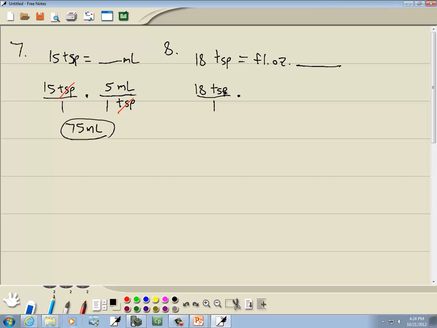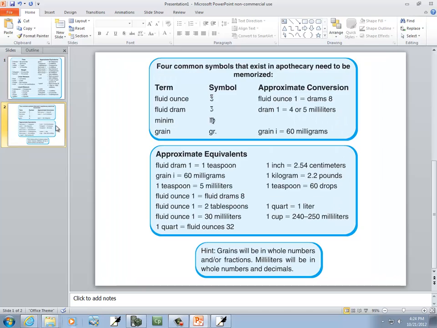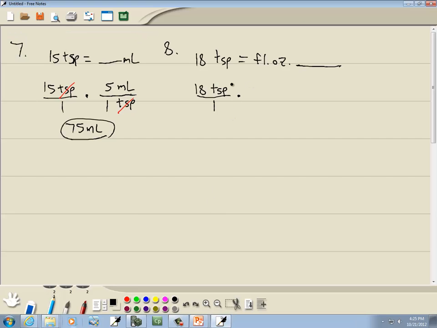Okay, so I'm trying to find some kind of tie between teaspoons and fluid ounces. Okay, fluid ounces to tablespoons, and I know I can tie tablespoons to teaspoons, so that might work. I don't see anything else that'd work. Well, let's go with that. Okay, so if that's teaspoons up here, then this has to be teaspoons down here. And I think we said 3 teaspoons is into 1 tablespoon.